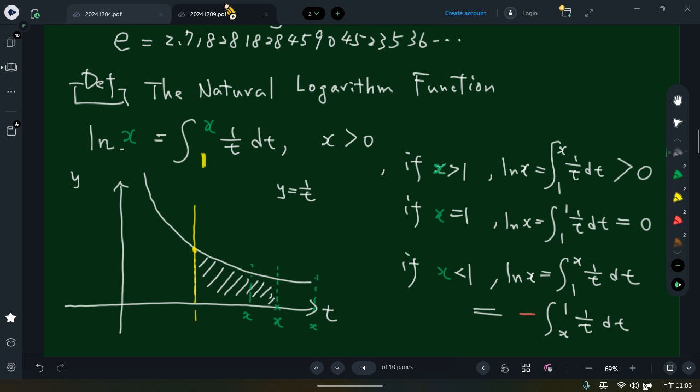If x is less than 1, that means x should be here, right? So we can change the direction from originally 1 to x. By putting a negative sign here, we get from x to 1. So negative times positive, and this part will be negative.